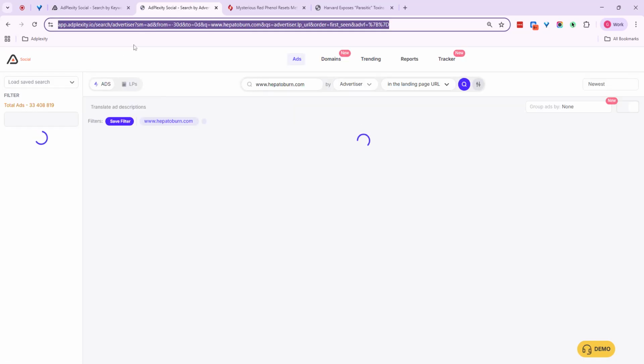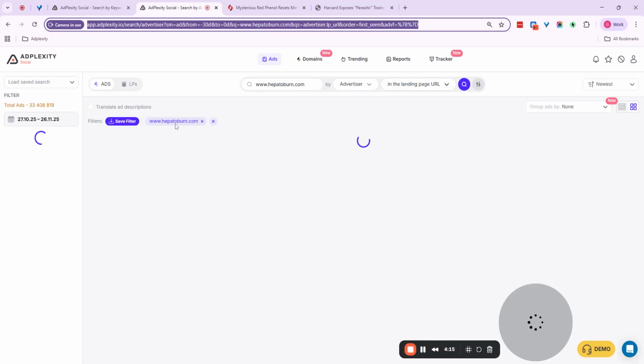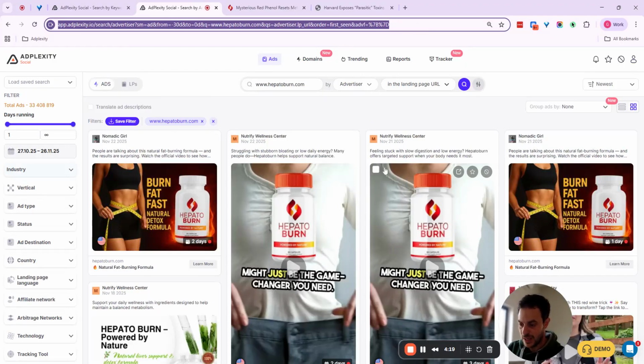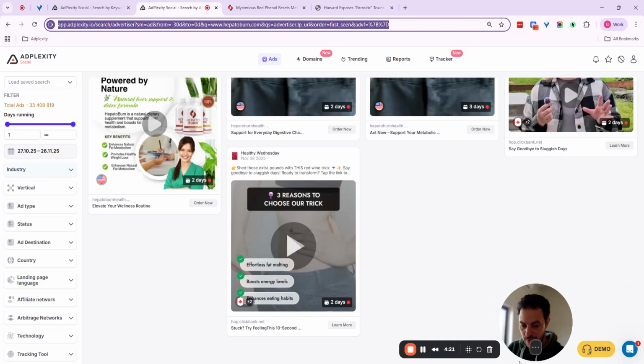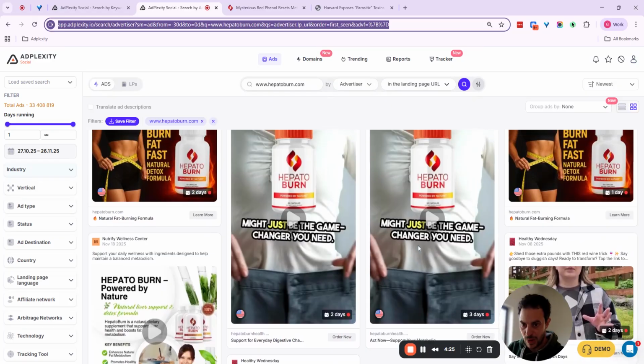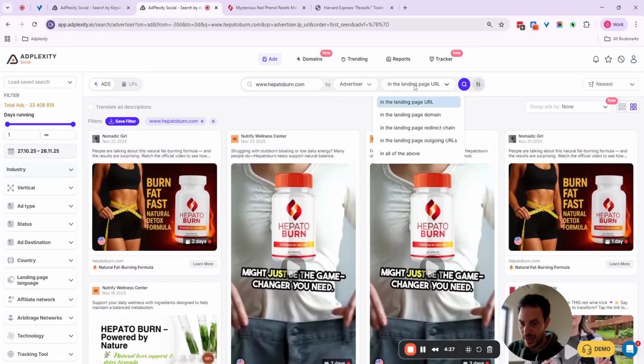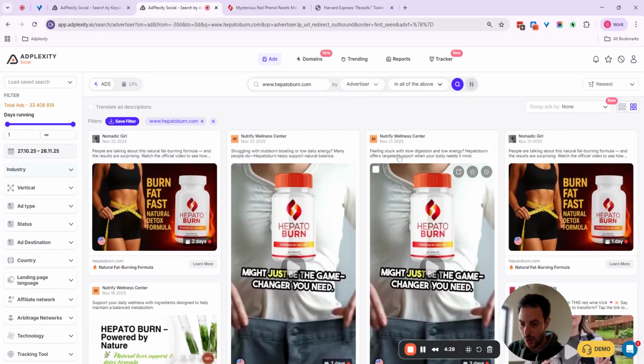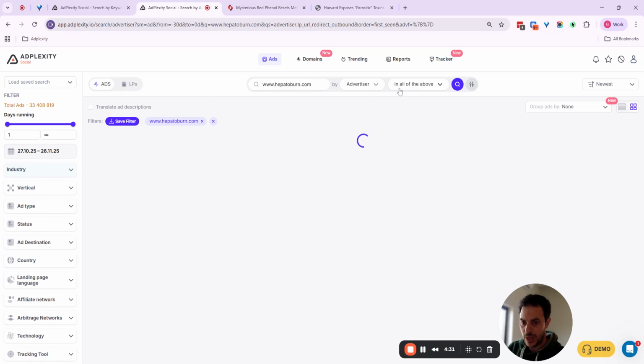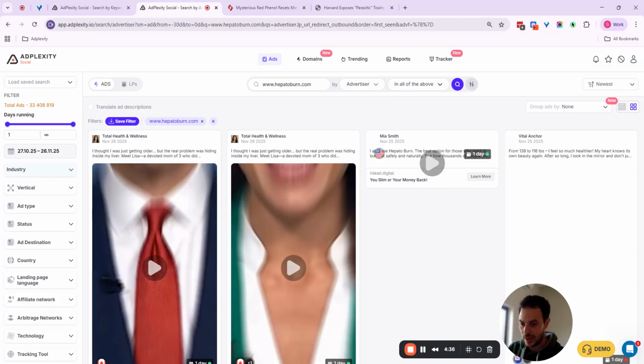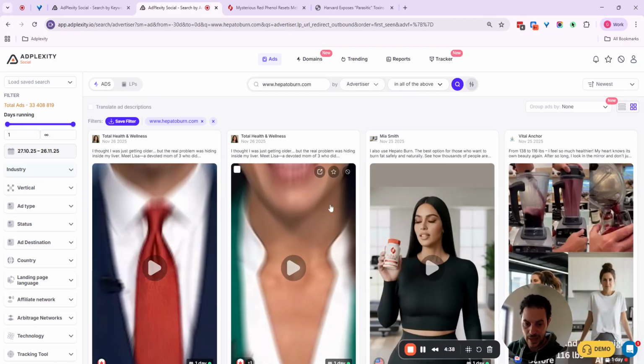So in every ad that we have identified running to this offer, we can see it right here, and we can see many of them to see which ones are more relevant to us. In the landing page URL, let's change this one to all of the above. Now we're not only looking at people running directly to the offer, but also at any affiliate that is running an ad through a lander like we just saw before.